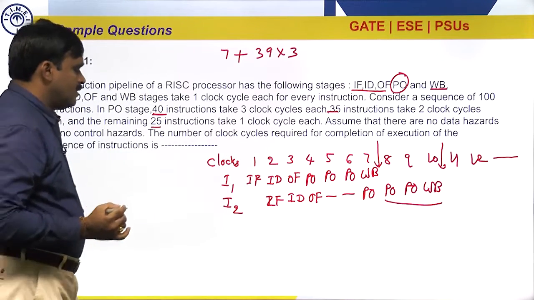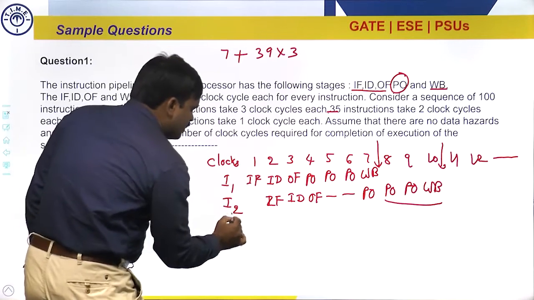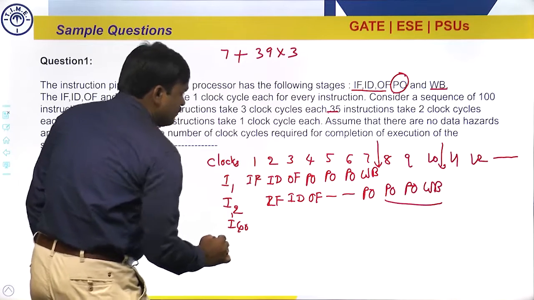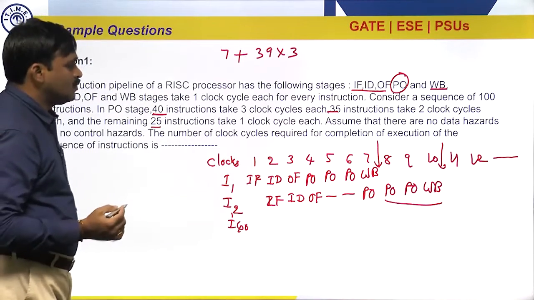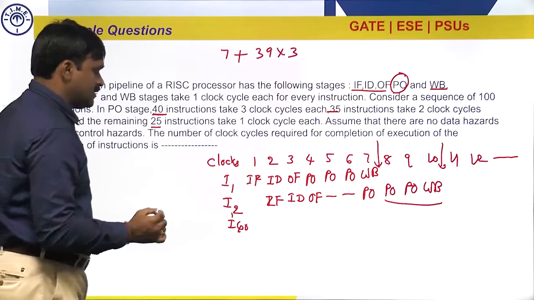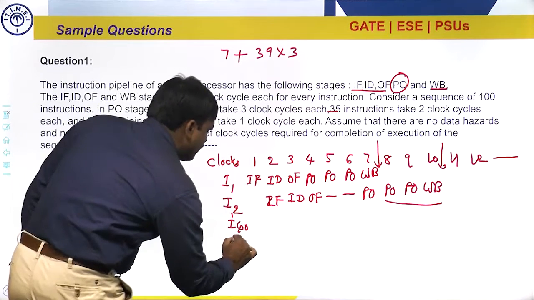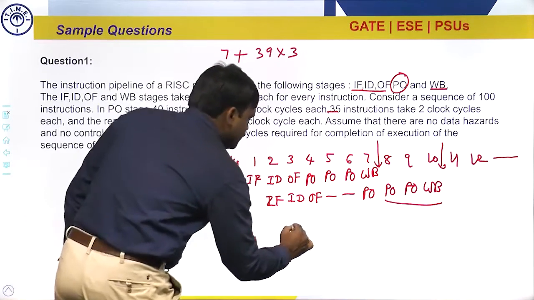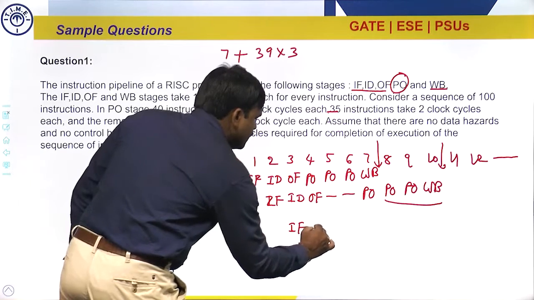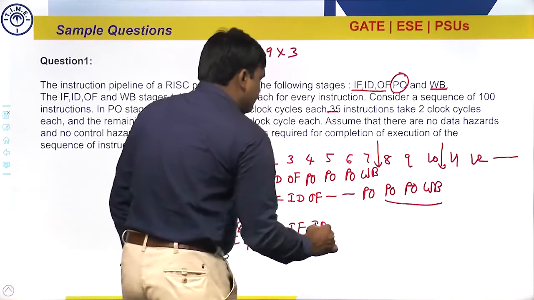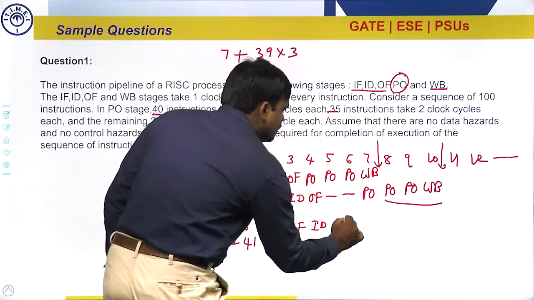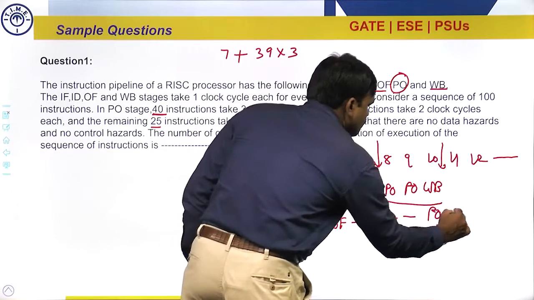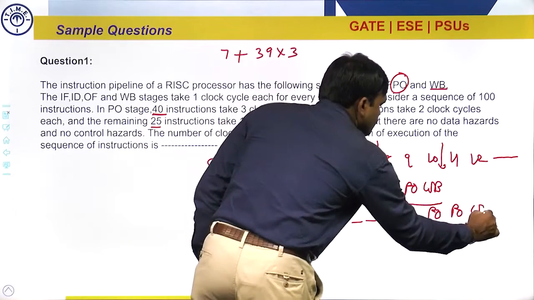Similarly, after 40 instructions, that is I40, there will be 35 instructions that take 2 clock cycles each for the PO stage. For example, I41: instruction fetch here, instruction decode here, operand fetch here, perform operation can't be done here, so here we do PO, PO and then the WB stage.